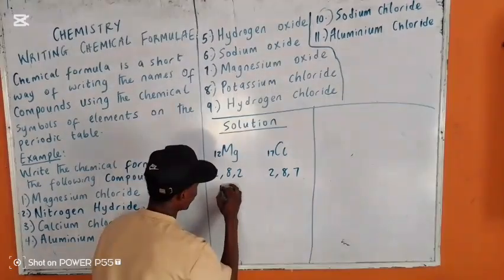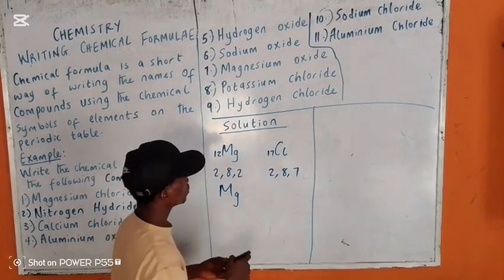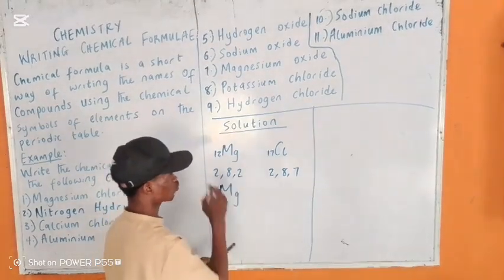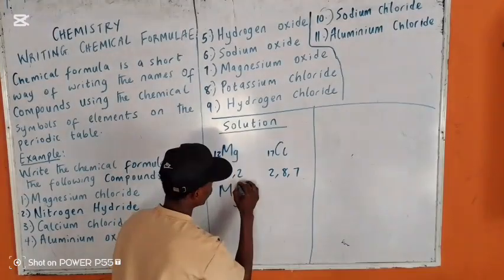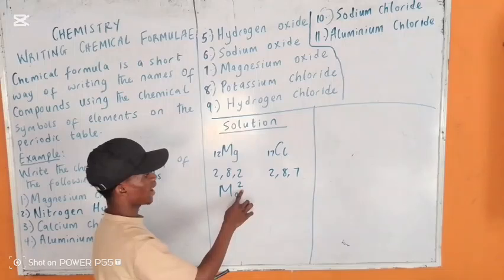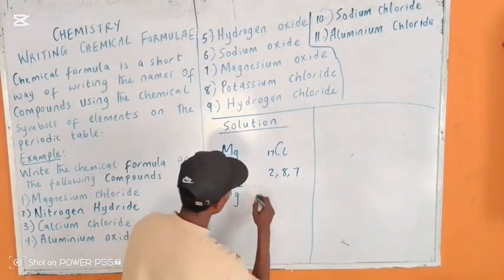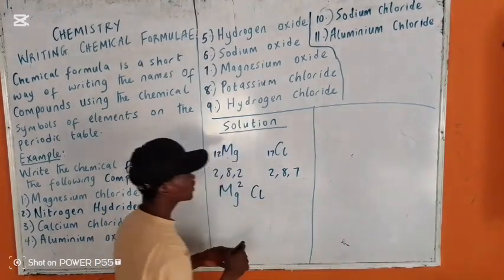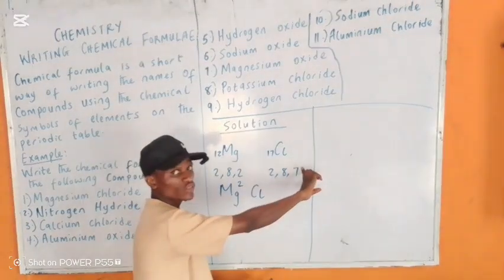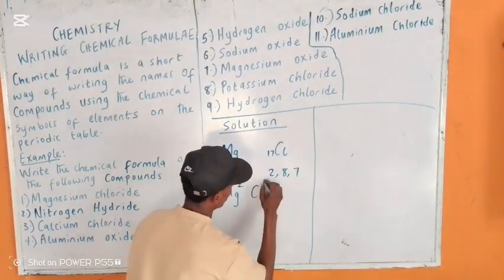So magnesium gives out the 2 electrons to attain the octet rule. So magnesium, you have 2 at the top here. Now chlorine on its own needs 1 electron to attain its octet rule. So chlorine, we have 1 here.